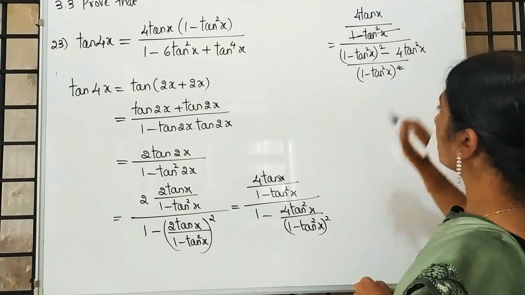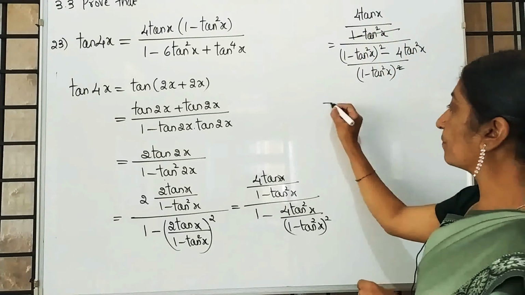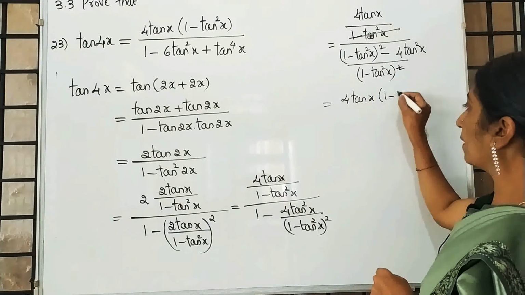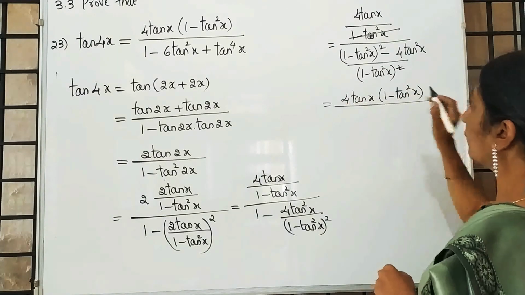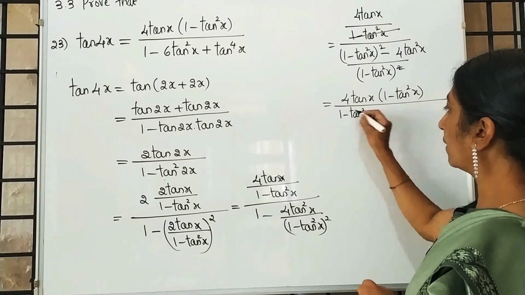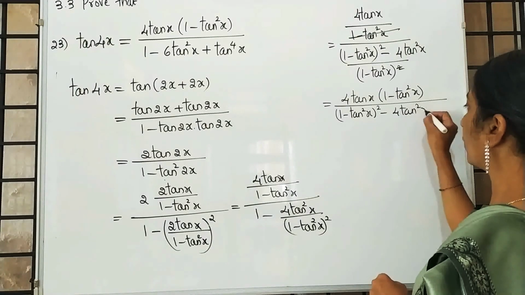One term is cancelled with this and the remaining one term goes up because this is a fraction. It is 4 tan x in the bracket 1 minus tan square x divided by, write down the remaining term in the denominator, 1 minus tan square x whole square minus 4 tan square x.